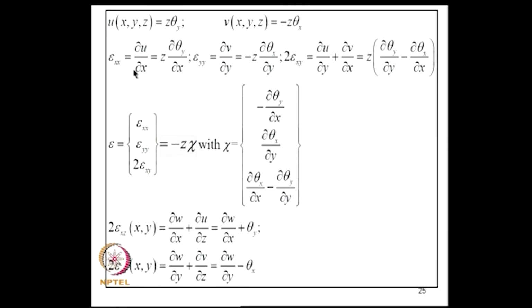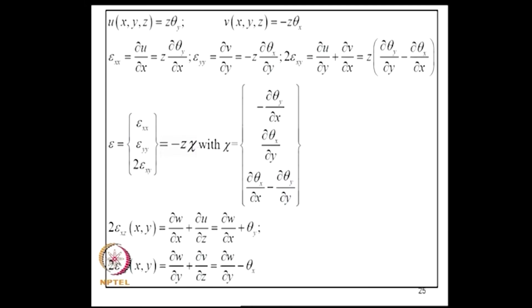So, strains: epsilon xx is dou u by dou x, given by z dou theta y by dou x; epsilon yy is dou v by dou y, which is minus z dou theta x by dou y; shear strain is dou u by dou y plus dou v by dou x, given by this. Now, we will partition the strains into two components, epsilon xx, epsilon yy and epsilon xy as one part and the shearing strains as another part.